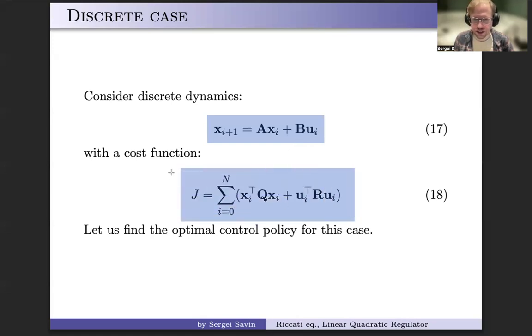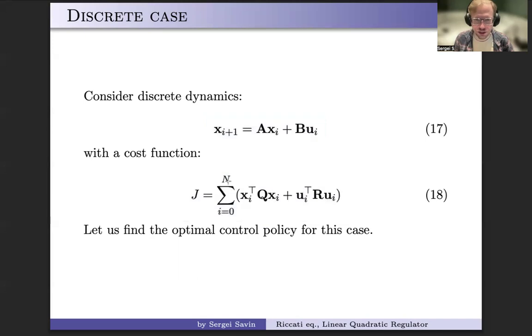Here is our discrete dynamics cost. Notice that the cost is now a sum from 0 to n, right? Again a quadratic cost with respect to x and u, right? Same Q and R matrices.